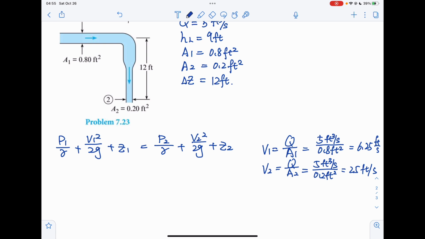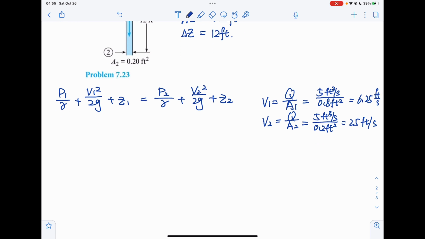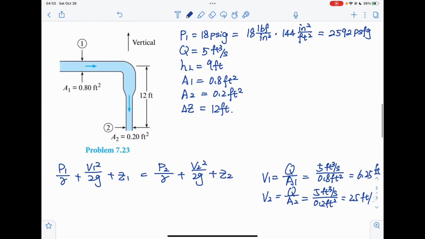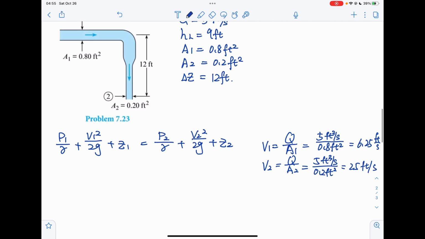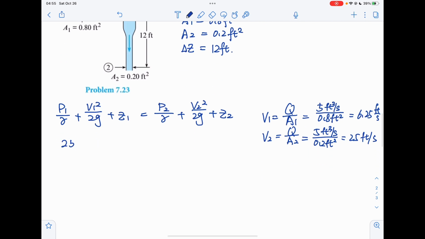Okay, so now we're gonna apply all the numbers into the energy equation. So P1 is defined in lbf per feet squared.